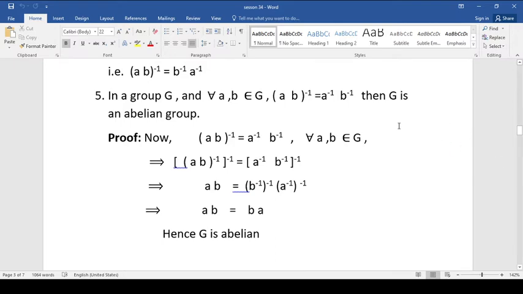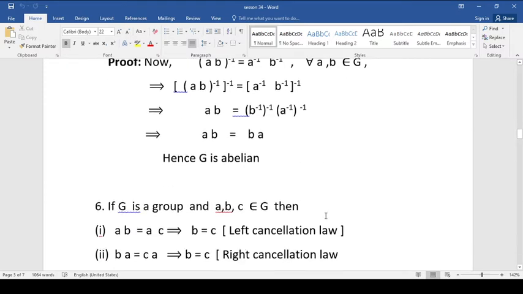Now consider the given property, that is inverse of ab is equal to a inverse b inverse for all a and b belongs to G. Operate both sides by inverses. So operating both sides inverse, we get ab is equal to inverse of b inverse into inverse of a inverse. That means we get ab is equal to ba. So we got ab is equal to ba, and hence we can say that G is an abelian group.